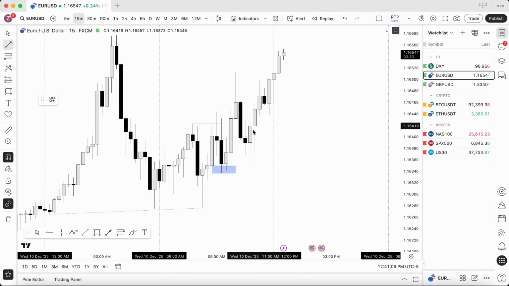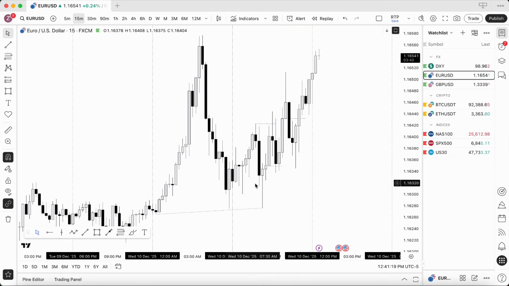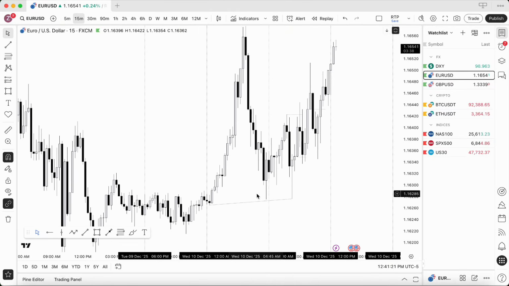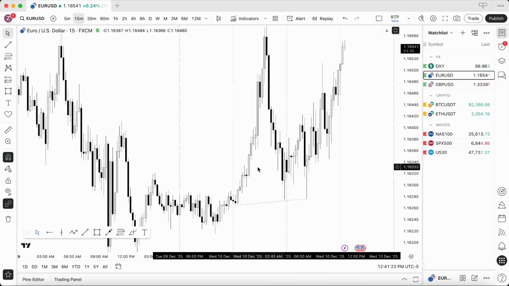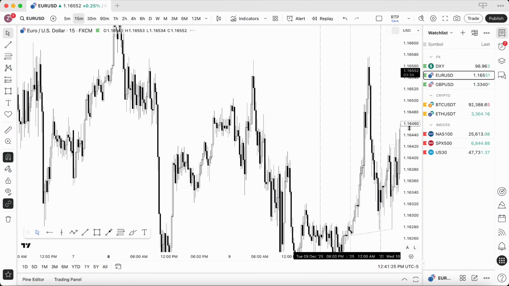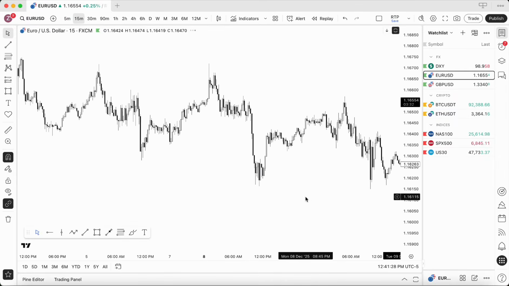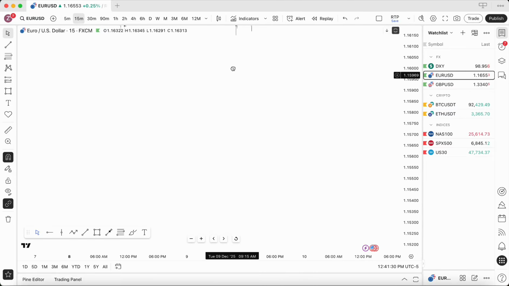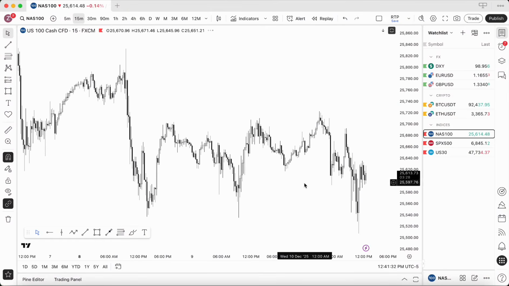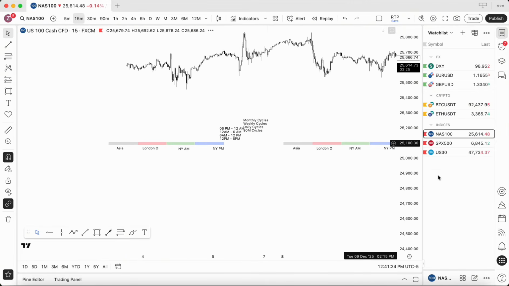Then I wanted to short this, and I got stopped out right here because I just saw that we are going up and I don't have to lose at this high. I control my risk and I close right there. And this is a good idea of a trade. Now, of course, you can go back in time and find even more examples. But for now, this is what you have to know.